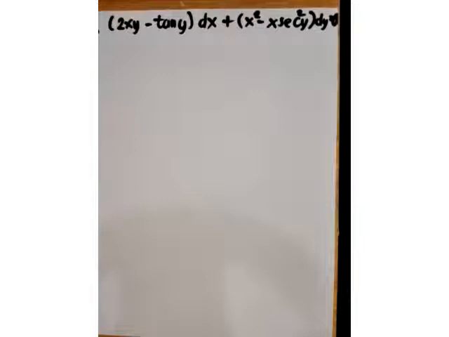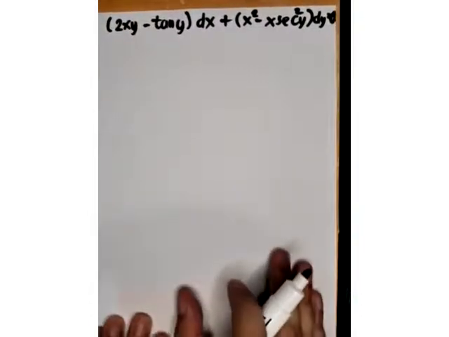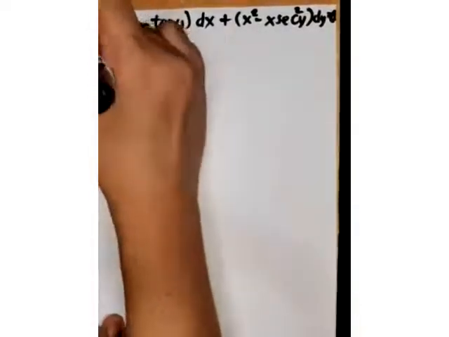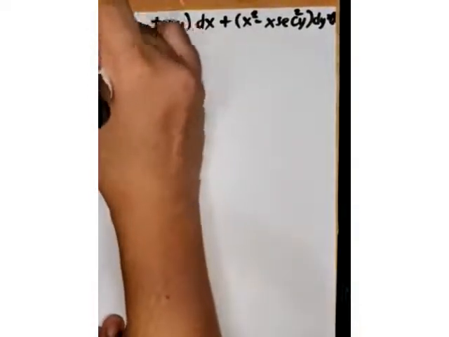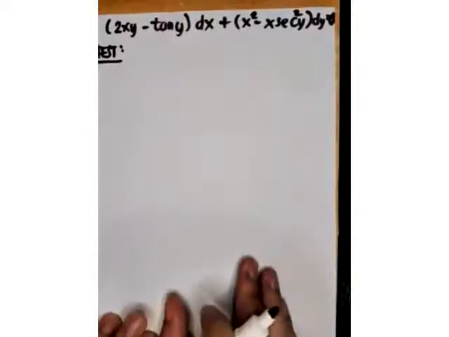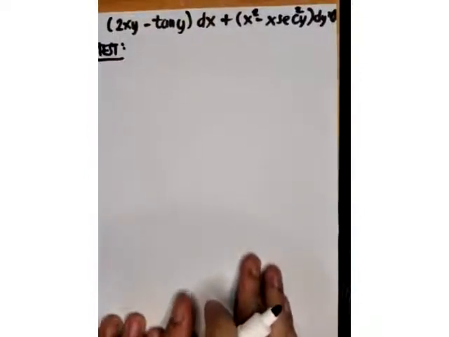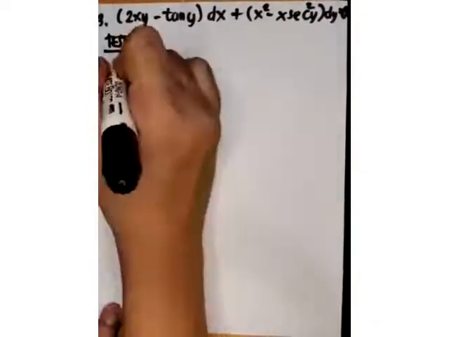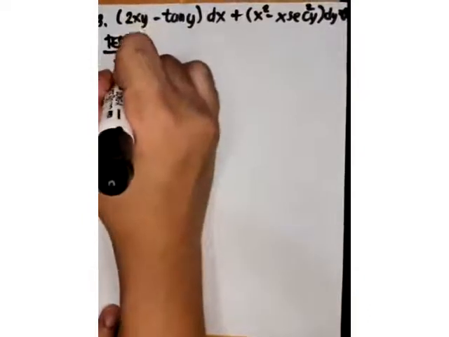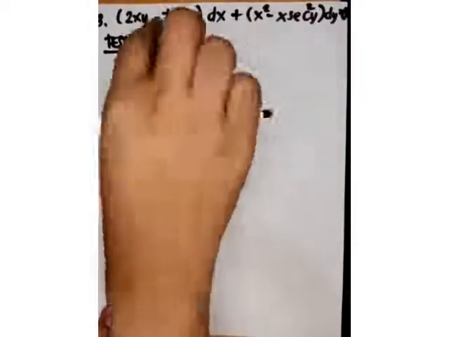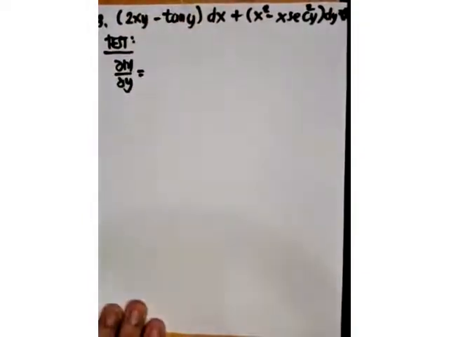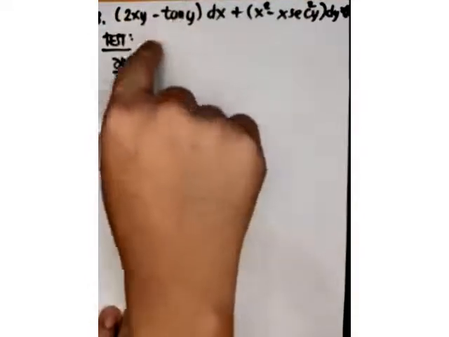Okay, so let's see. Don't say yet whether it's exact or not. So let's test. Let's have the partial derivative of M with respect to y. That means we will derive this term with respect to y.